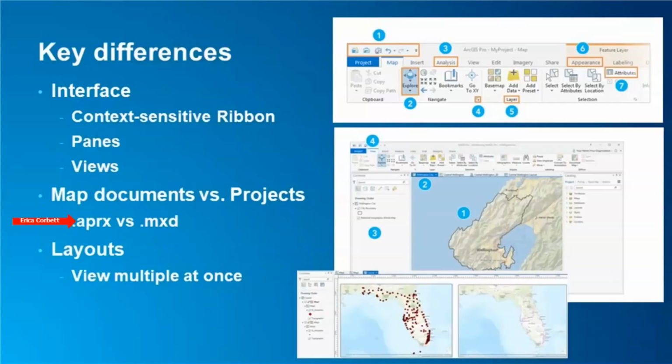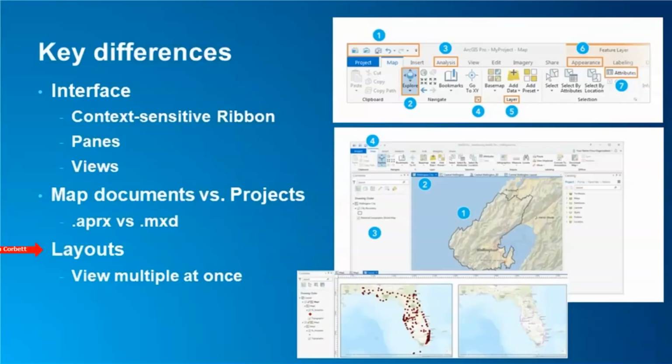So it does take a little bit of getting used to in this format, but it makes sense if you think about working in the context of different projects, which contain different maps, different layouts, and keeping those all in the same place. So all of these projects can be easily packaged and shared, which I'll show you a little later today.